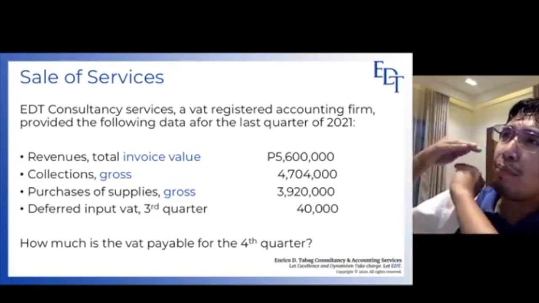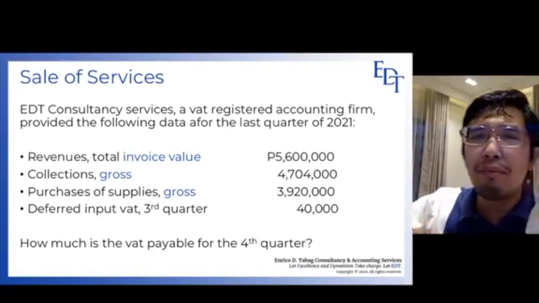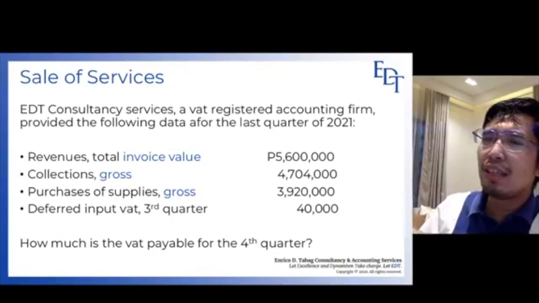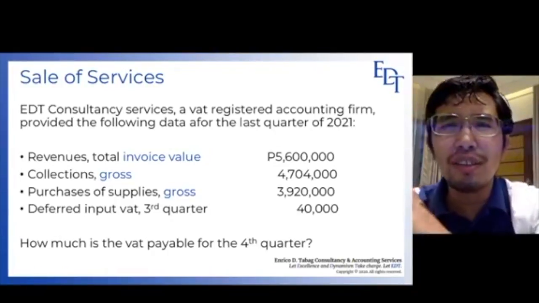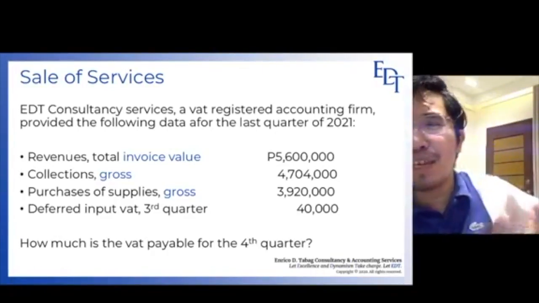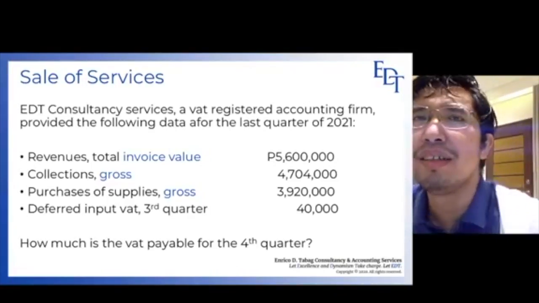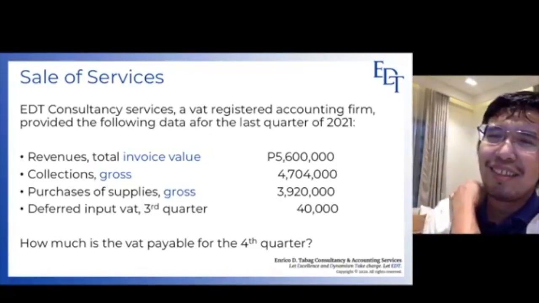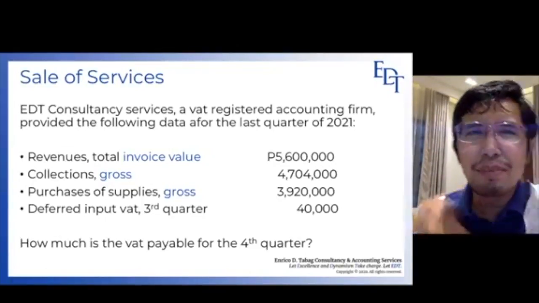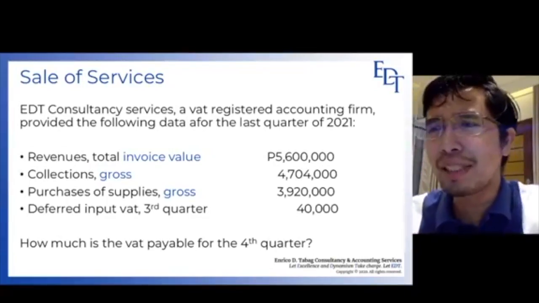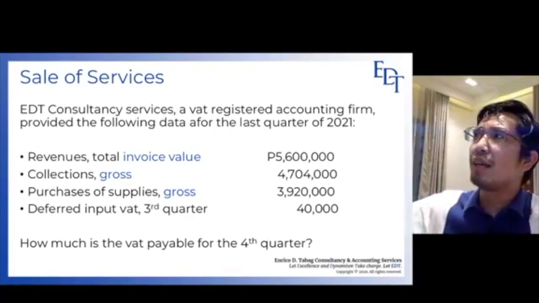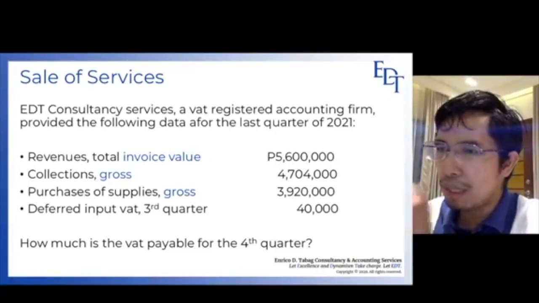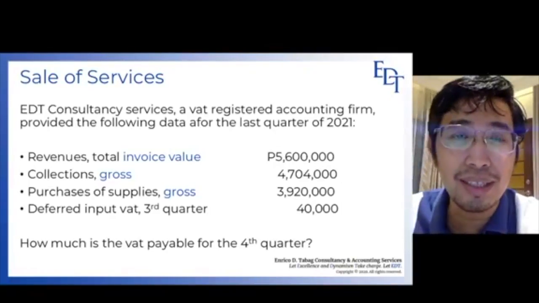Kung ang output VAT on sale of goods ay based sa gross sales, kung ang output VAT sa sale of service ay based on receipts, baliktarin mo lang sa input VAT. Input VAT tayo. Sandali, ano ba binili ko? Goods, sir. Edi, gross purchases. Ano ba binili mo? Sir, services, nagpa-subcon ako kasi sir, ako ay contractor. May mga services na di ko kayang i-provide, so nagpa-subcon ako. Di nag-purchase ka ng service.